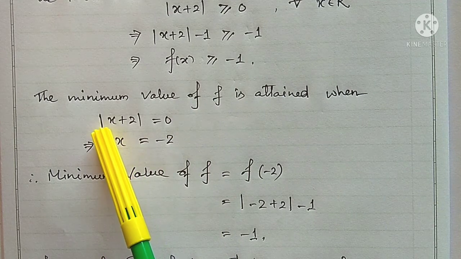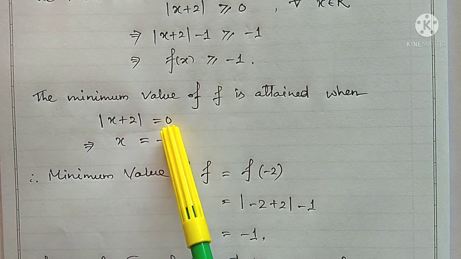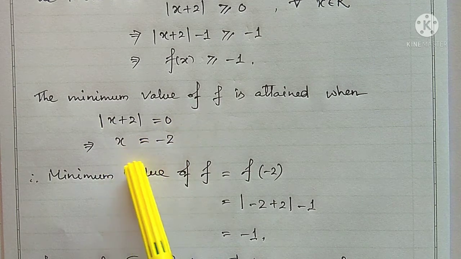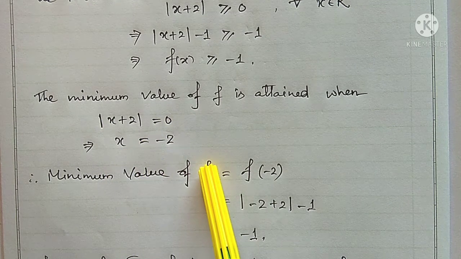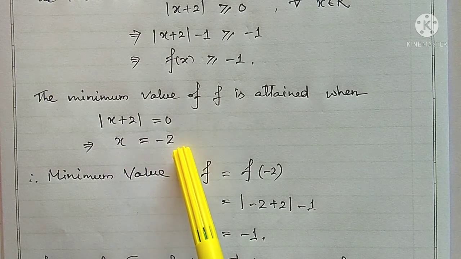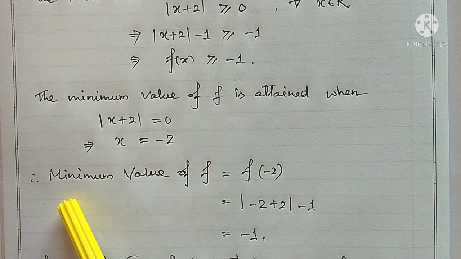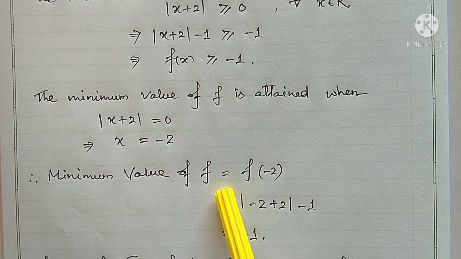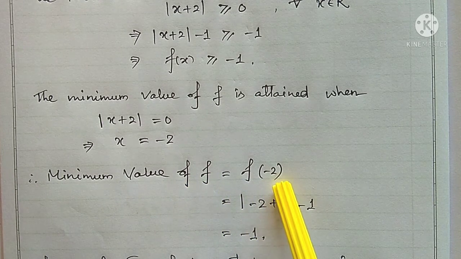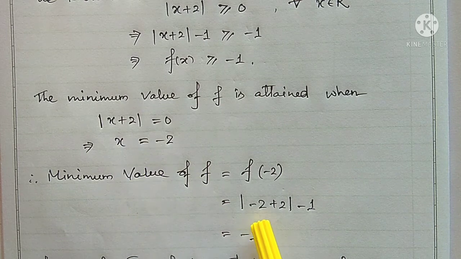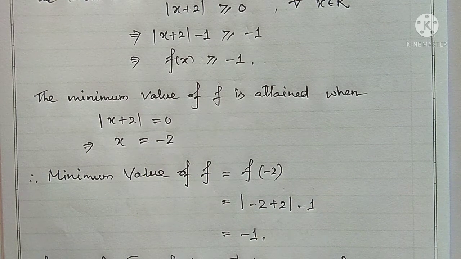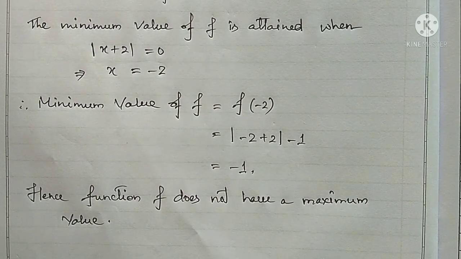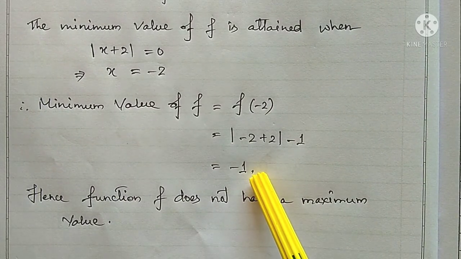So the modulus part, x plus 2, equals 0, and from here easily we can write x equals minus 2. So how do we write the minimum value? The minimum value of f is f of minus 2. In place of x, we write minus 2: modulus of minus 2 plus 2, minus 1. If we calculate this, finally we get minus 1.